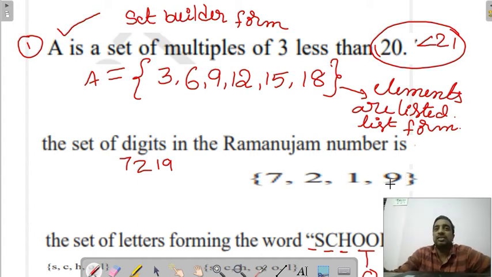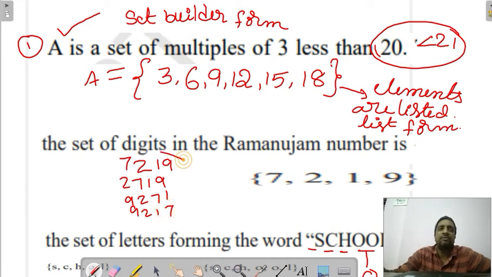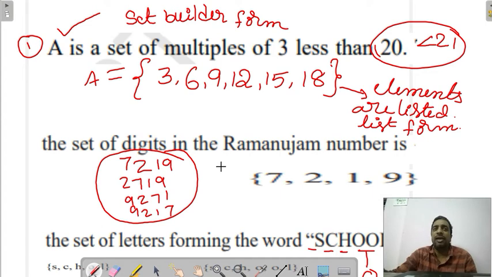In this Ramanujan number, whatever it is, either 7219 or 2719 or 9271 or 9217, one number is given.